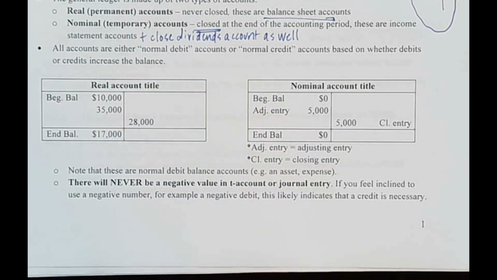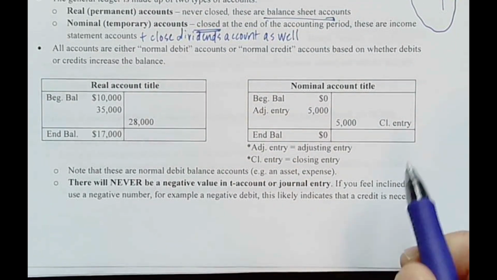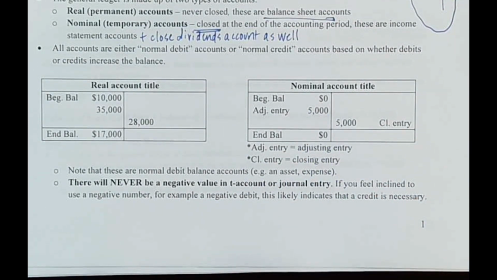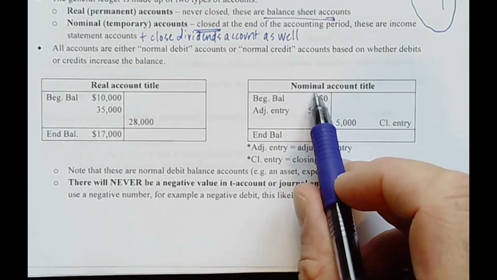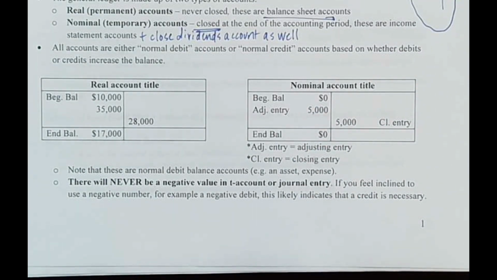If we have negative cash, the only logic behind that would be to say we owe someone money. And if we owe someone money, that's not a cash account thing anymore. That's a liability account. And the same thing goes for any normal debit balance account, like an expense account. An expense account is a nominal account. It's something we close. Expense accounts cannot have a credit balance, because that would suggest a negative balance.